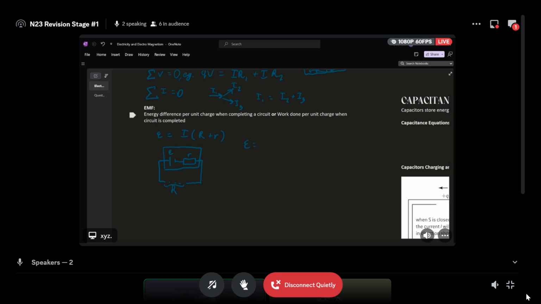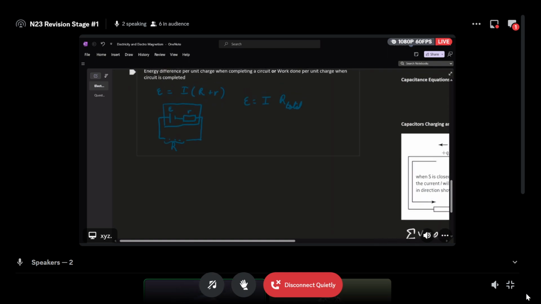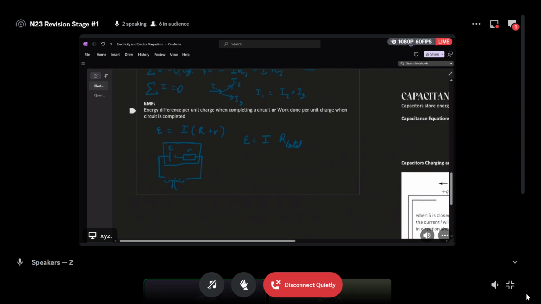So this equation essentially looks like this, right? If we take big R to be the resistance of the rest of the circuit, excluding the battery, this is what this equation looks like.